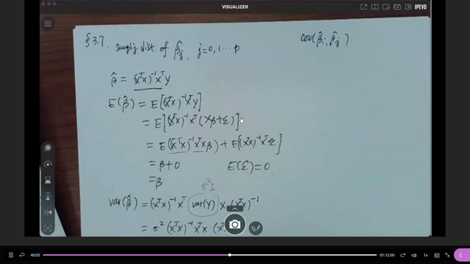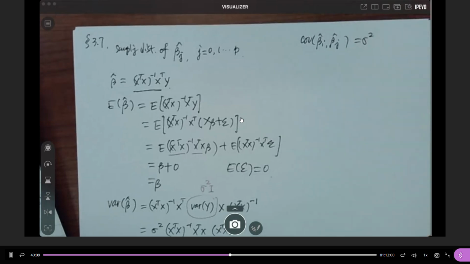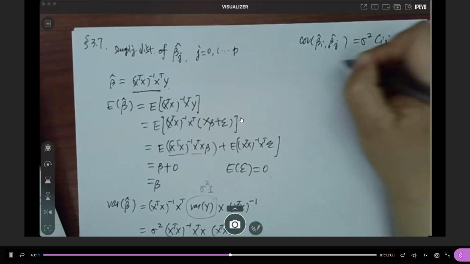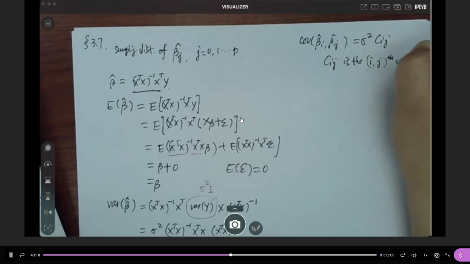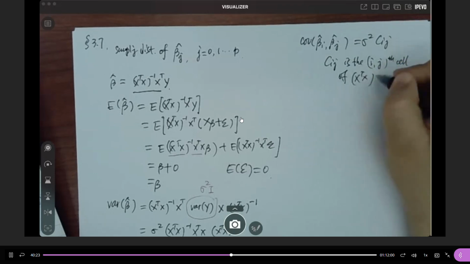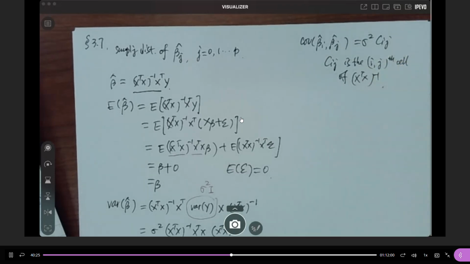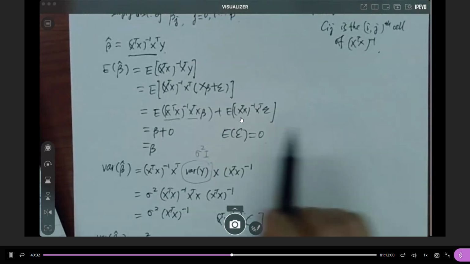That comes from the ith row, jth column of C, so it equals sigma squared multiplied by Cij, the ij cell of (X transpose X)^(-1).